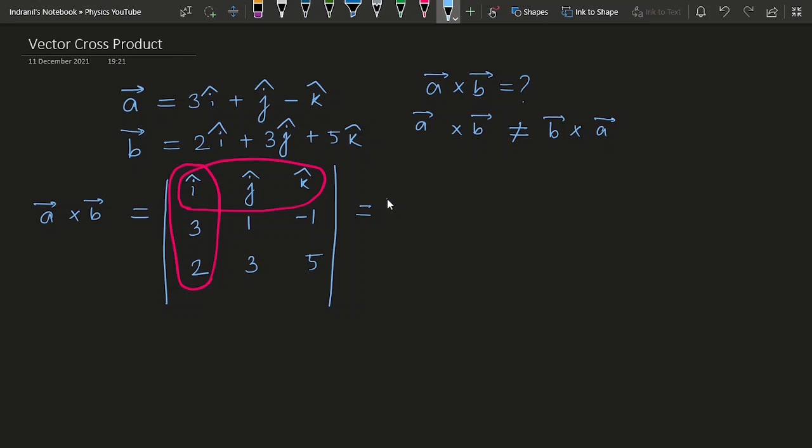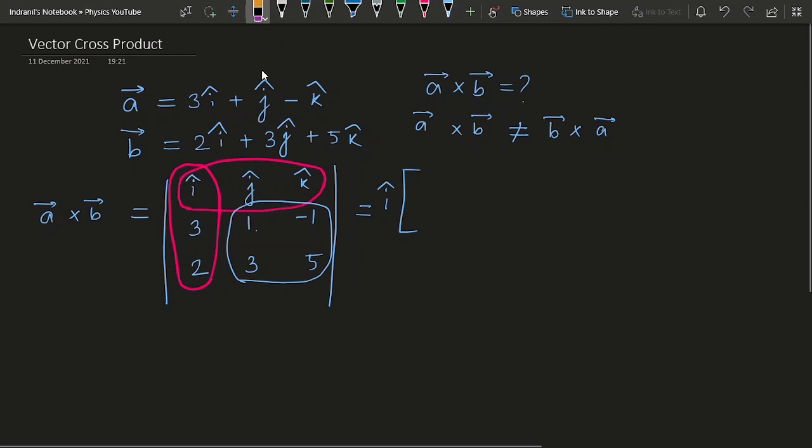We write i cap, then open a bracket, and we multiply and subtract the following. In these four terms we didn't fix the column and row for i cap.